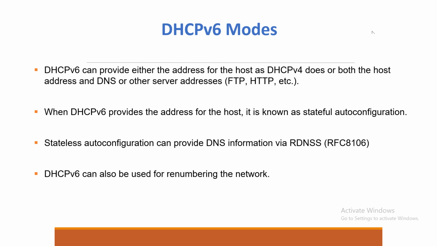Now, DHCPv6 can also be used for renumbering the network. I have my own opinions about renumbering the network, and whether that's something anybody would actually want to do on a large enterprise network, but I'll leave that opinion for later.